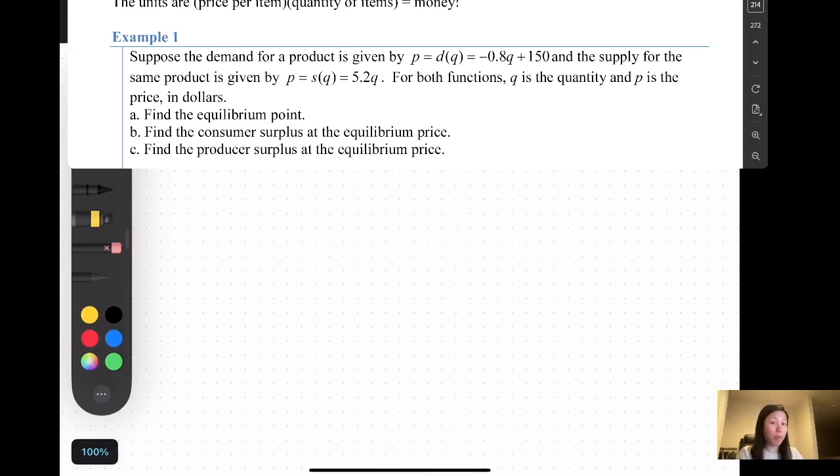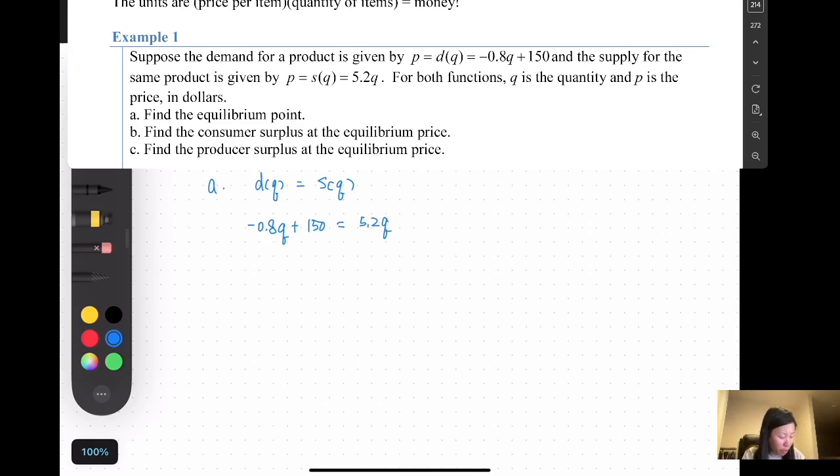So the equilibrium point is the intersection between these two functions. To find the intersection, we want these two functions equal to each other. So for the demand function, I have negative 0.8q plus 150 equals 5.2q.